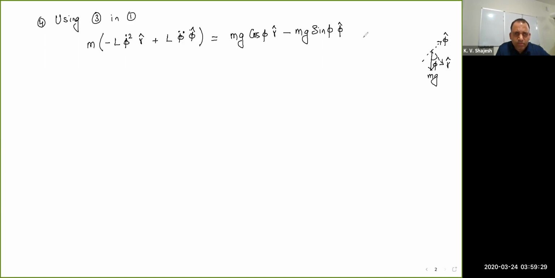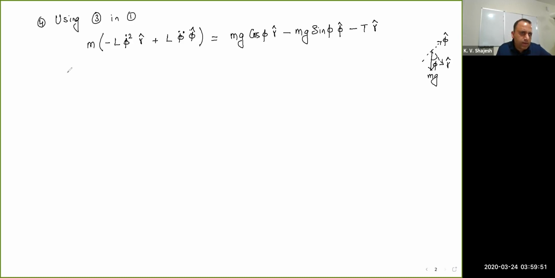And finally, there's tension force, which is radially inward, so it is minus the tension force in the r hat direction. That's your Newton's law broken into your unit vectors r and phi.